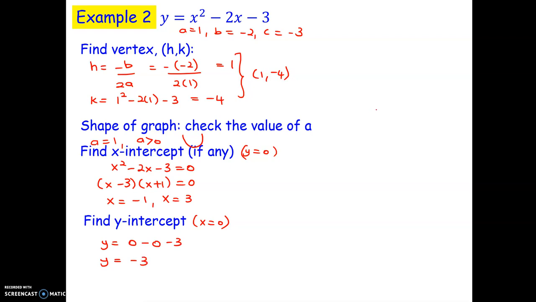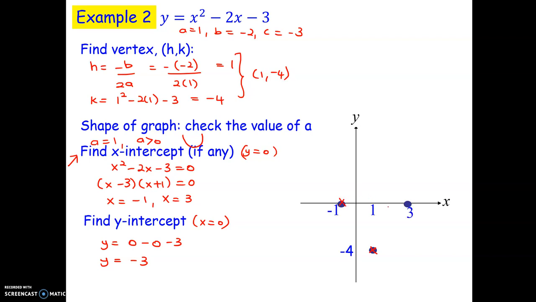So let us have our x-axis and y-axis. Let us put the vertex. I have (1, negative 4), so this is the vertex. And then let us put the x-intercepts, negative 1 and 3.